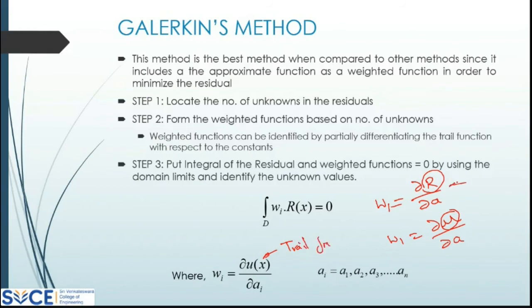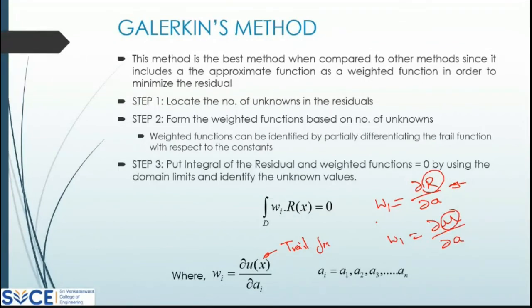This is the residual. In least square you are partially differentiating your residual, whereas in the Galerkin method you are partially differentiating your trial function. The trial function is what you got at the beginning. That one I am integrating and again multiplying it and equating to 0.